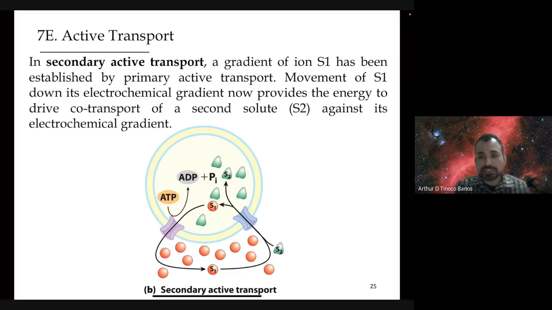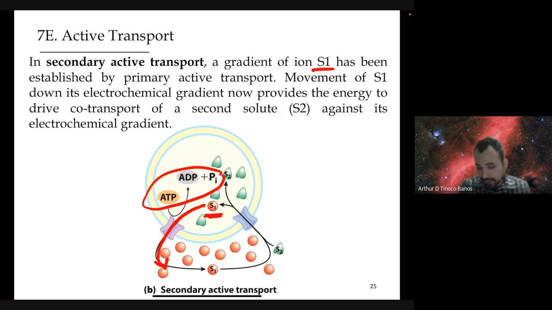Here we have a representation of secondary active transport, where a gradient of ion S1 has been established by primary active transport. Solute 1, right here, is moving against its electrochemical gradient, and what's facilitating that is ATP lysis, the phosphate lysis.